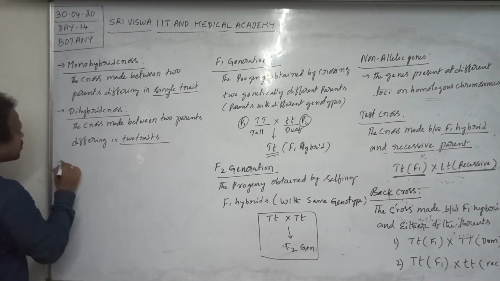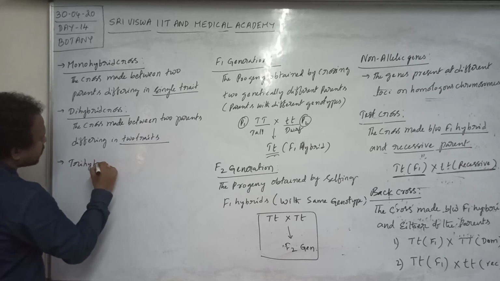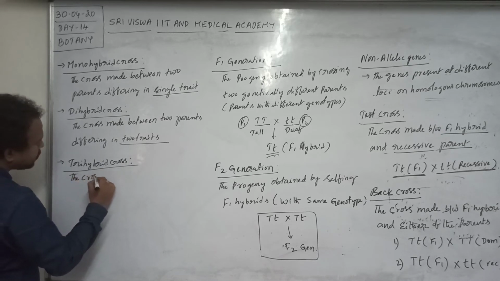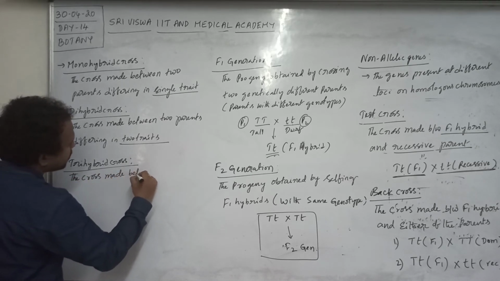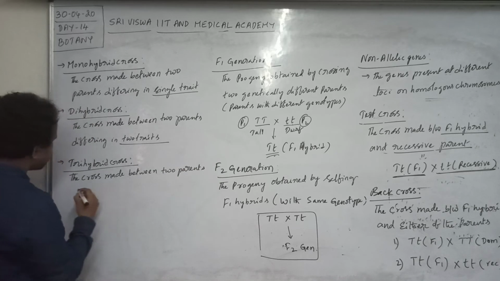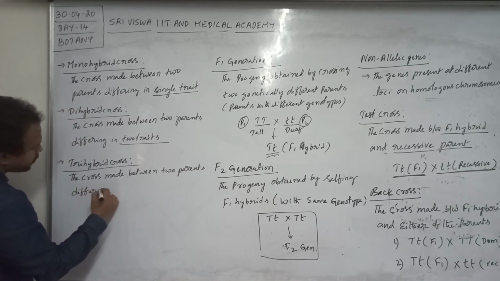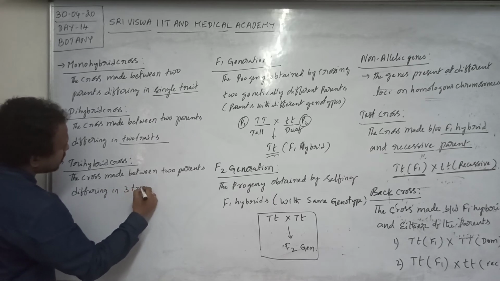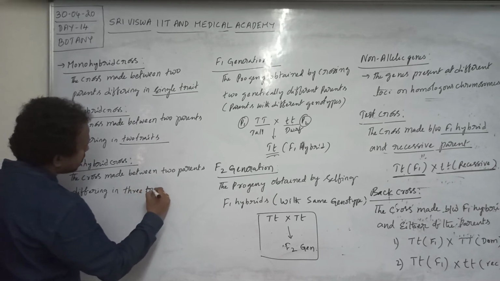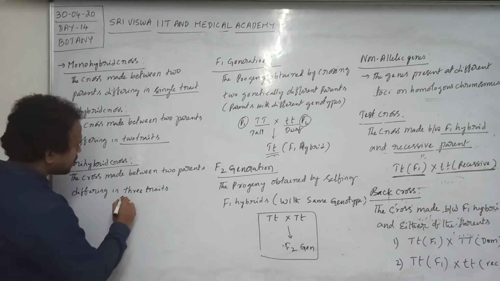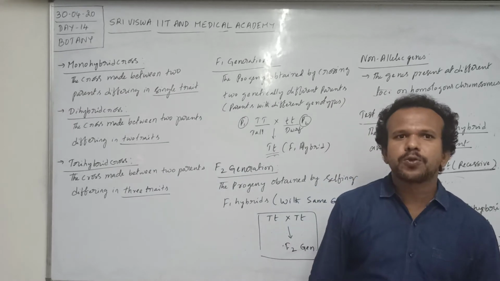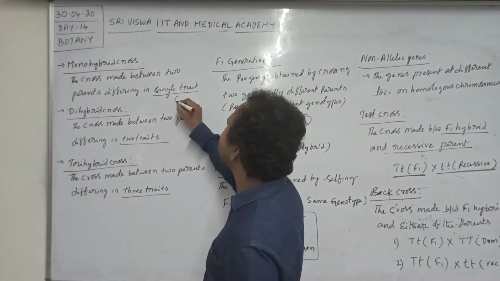Then consider the trihybrid cross. Trihybrid cross is the cross made between 2 parents differing in 3 traits. Here trait means character.